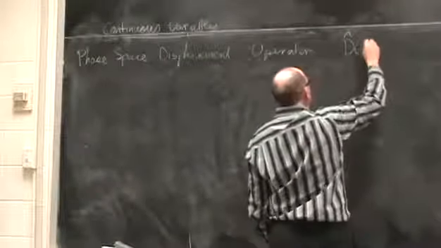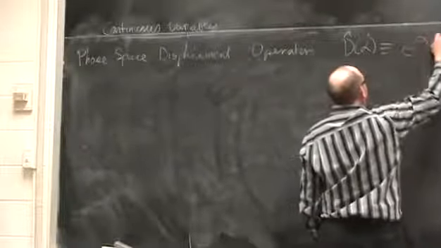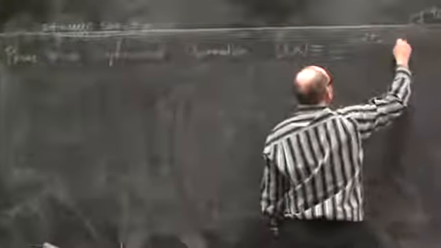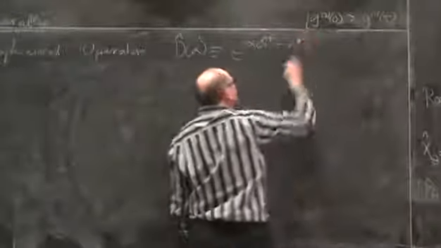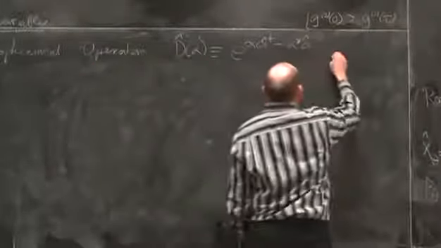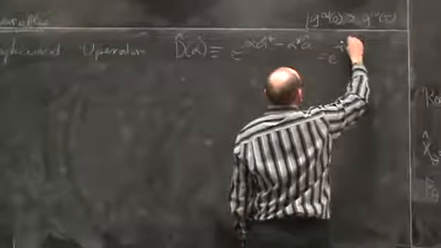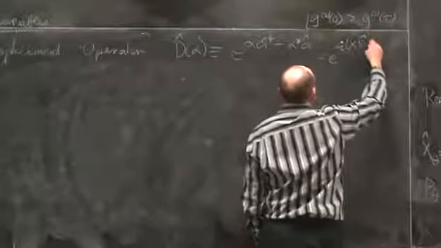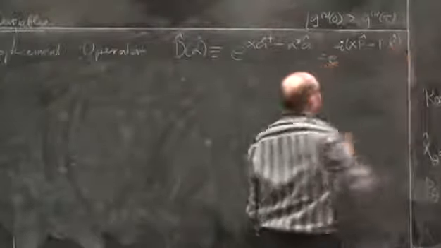D as a function of alpha is defined to be equal to e to the alpha a dagger minus its conjugate, alpha star a, which is equal to e to the minus i x p hat minus p x hat.